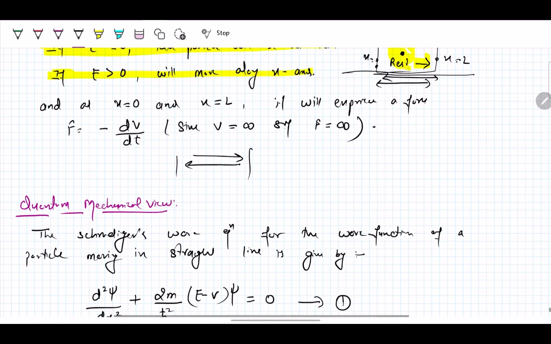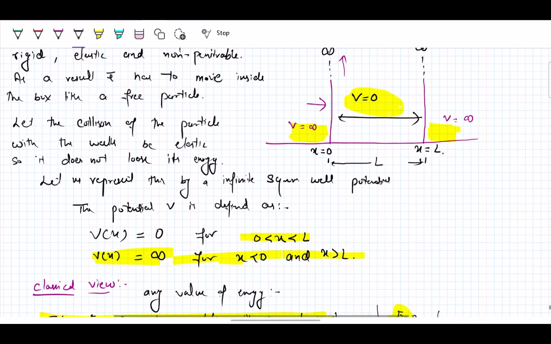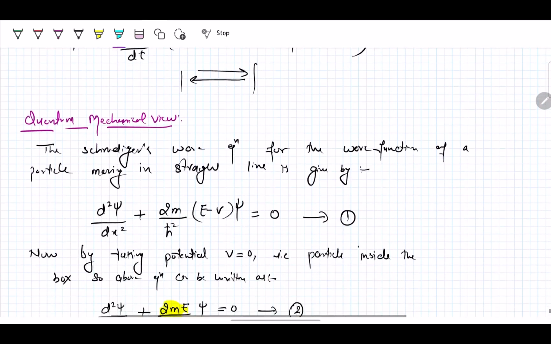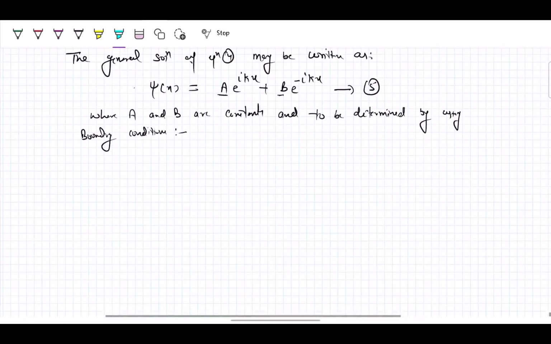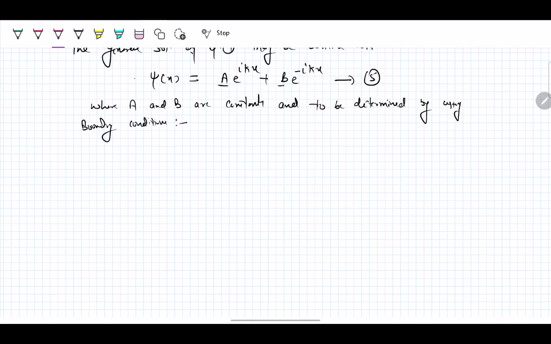So right now, what are the boundaries? The boundary conditions we have are at x is equal to 0 and x is equal to L. So these two boundaries we have. Let's apply the boundary conditions and find out the values of a and b. We have two boundary conditions.